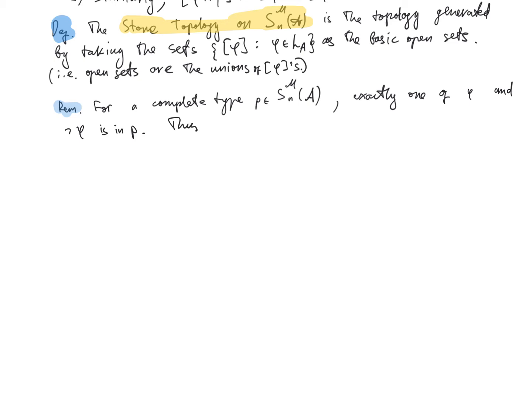Thus, the set of all types containing phi is exactly the whole space, the set of all types, minus those types which contain the negation of phi. And so we see that this complement of the set is also closed.